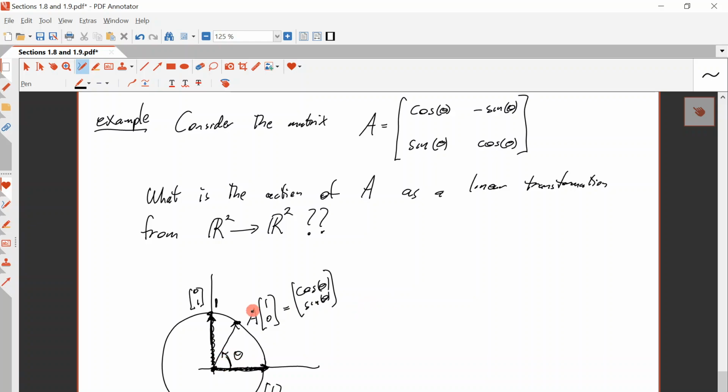And then A of (0, 1) is the second column here, minus sine theta, cosine theta. So if you take this vector here and you rotate it the same angle theta, that's the vector right there.